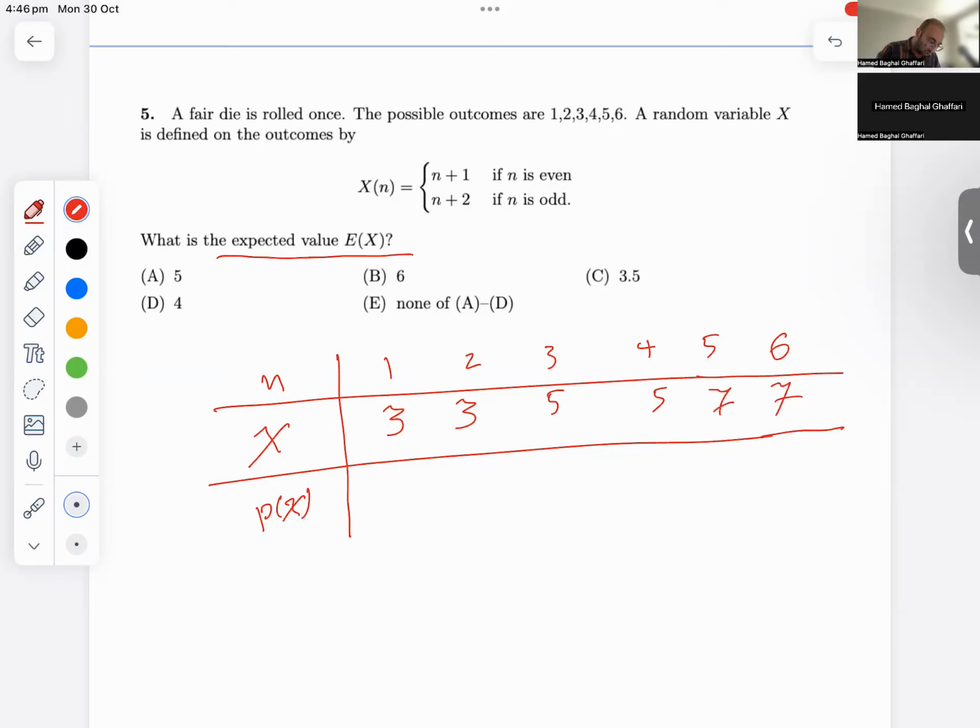All right, so the probability of getting face 1 is 1 over 6. So there is another 3 here, so x can be 3 in two scenarios: 1 over 6 here and 1 over 6 here, since for all of the faces of the die, it's a fair die.